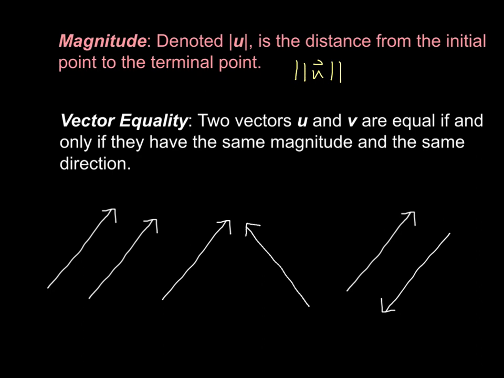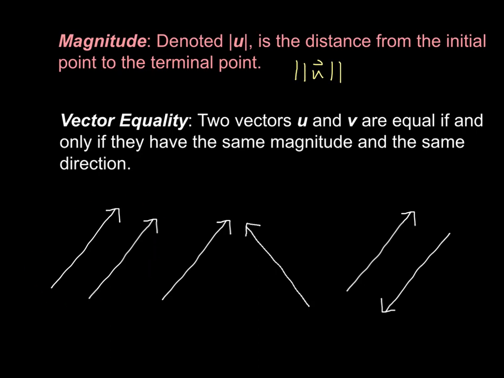Now the next thing we have is what will determine what it means for vectors to be equal. Two vectors, u and v, are equal if and only if they have the same magnitude and the same direction. Let's take a look at what that means. In this first situation, I have these two vectors.